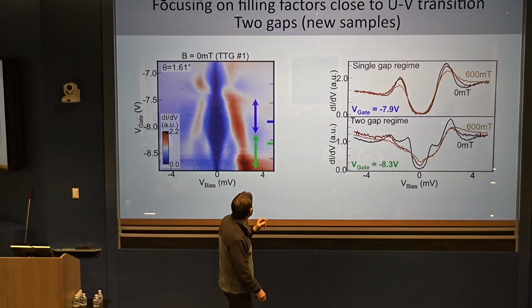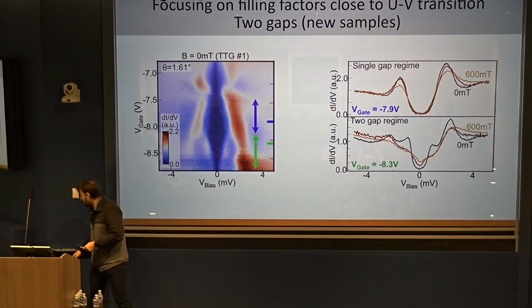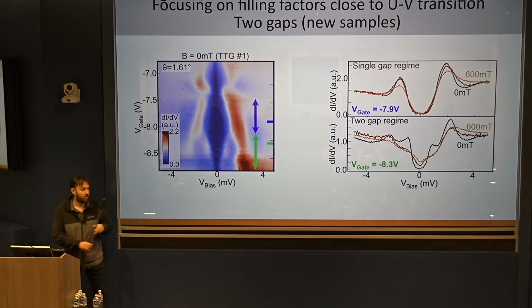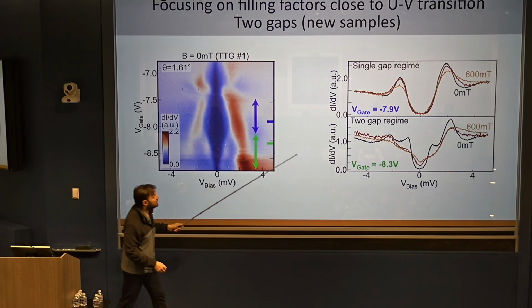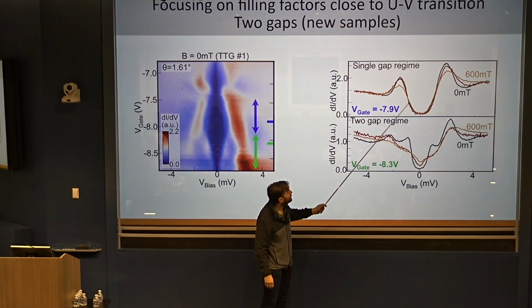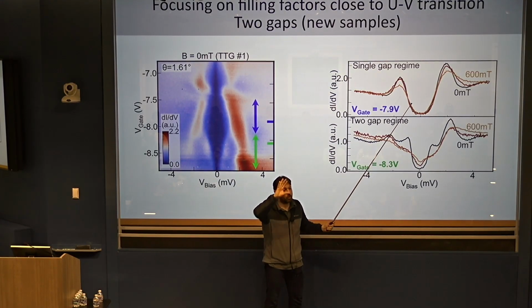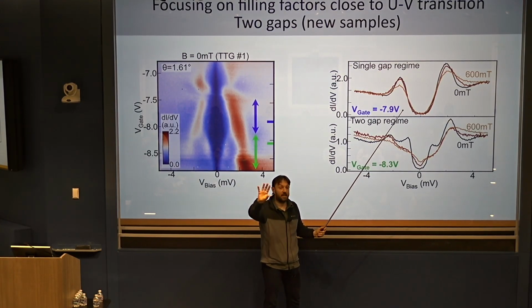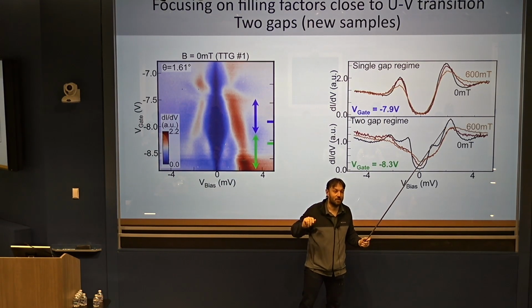But what I want to say is that if you go deep into this U-shaped regime here, you still see that the superconductivity and this outer gap are on top of each other. That's one of the mysteries that remains, and this is the part where I was saying, oh, this could be for you as a theorist.